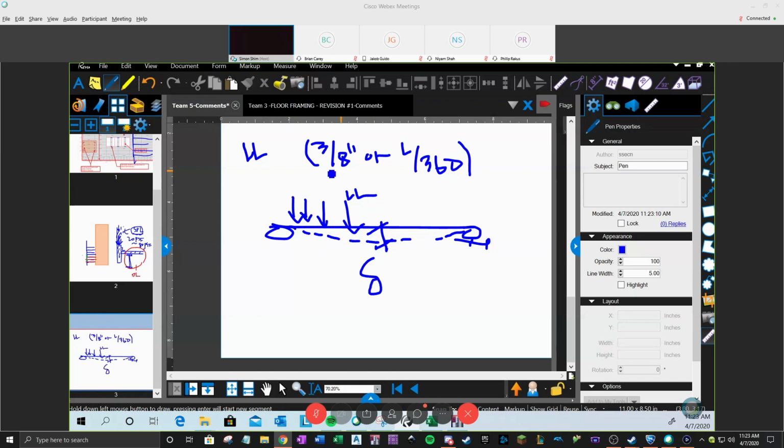We try to apply a relatively restrictive deflection limit because those spandrels are supporting the curtain wall.